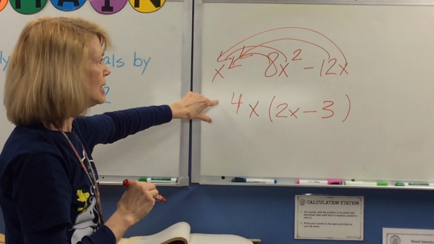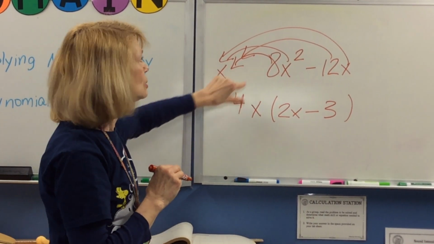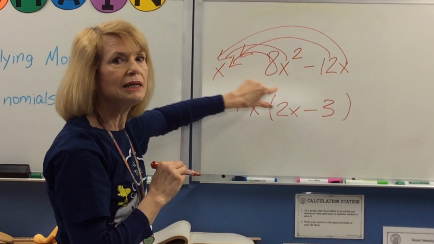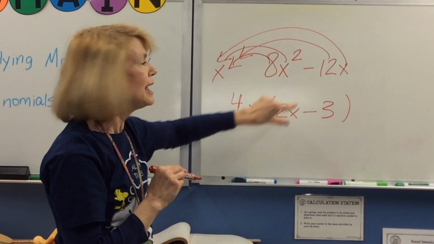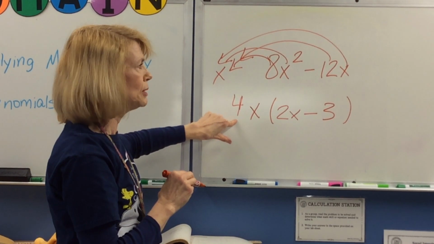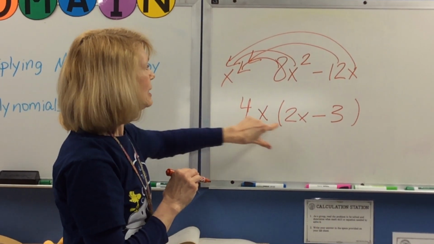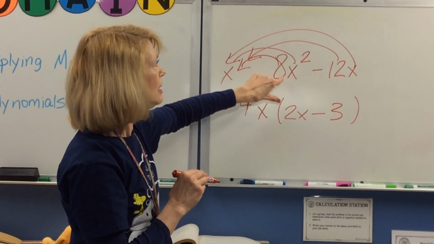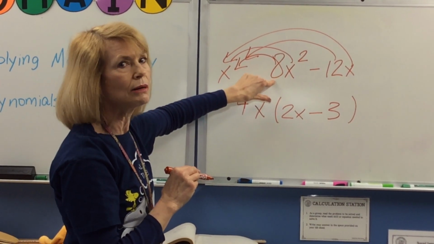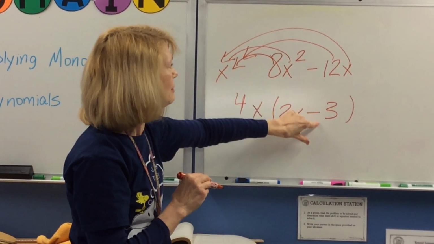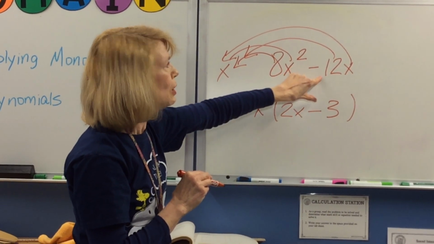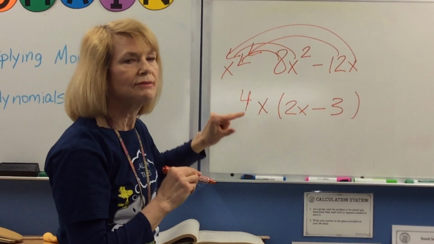All I've done is find the greatest common factor of 8x to the second and 12x, taken it out and put it in front, and this is what's left. 4x times 2x is 8x squared, 4x times 3 is 12x, and you keep your negative sign.